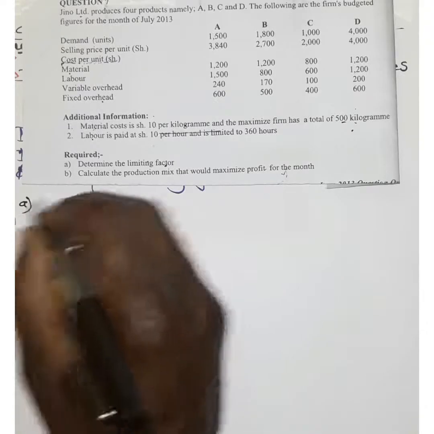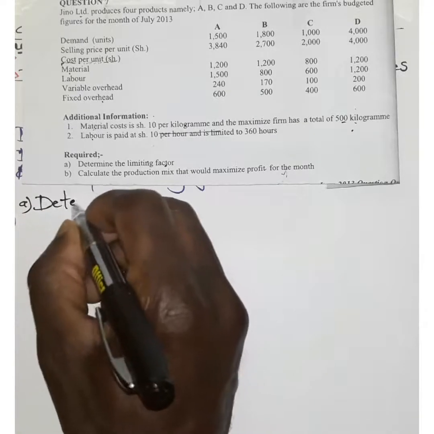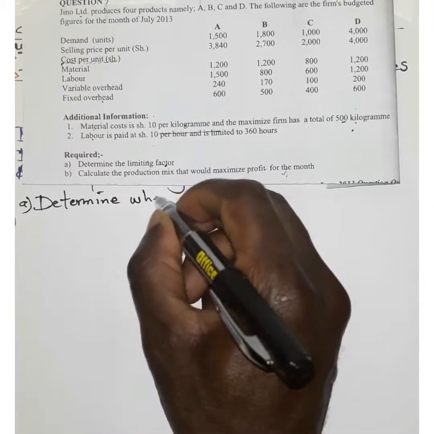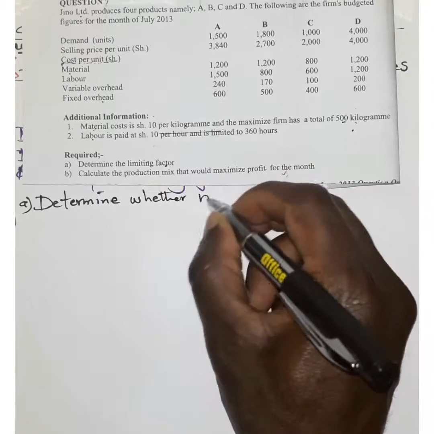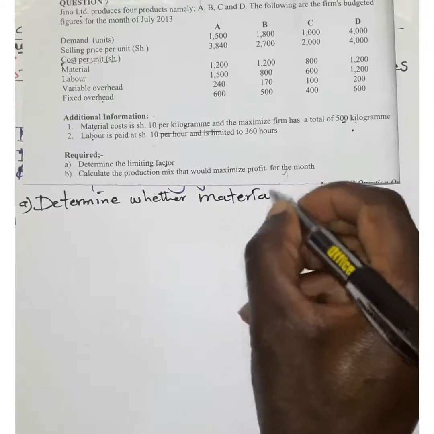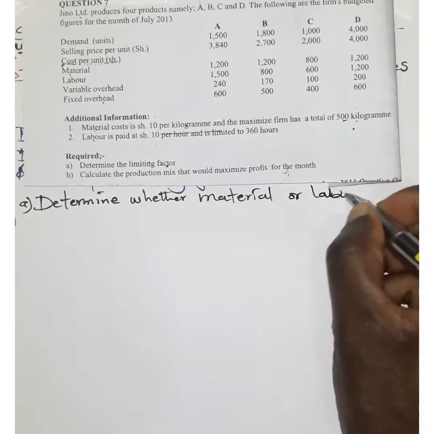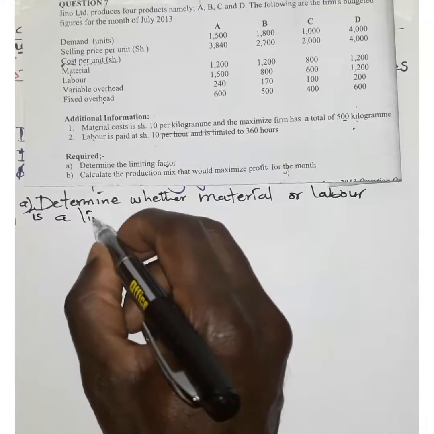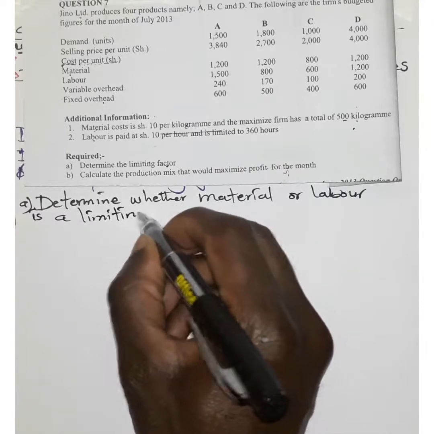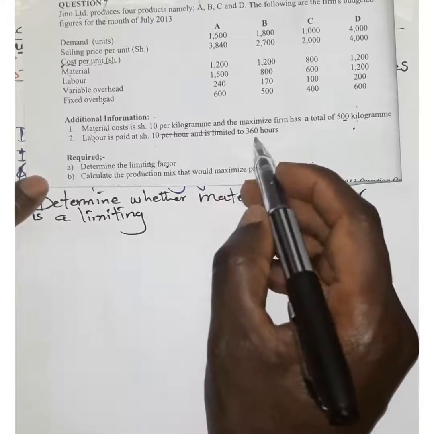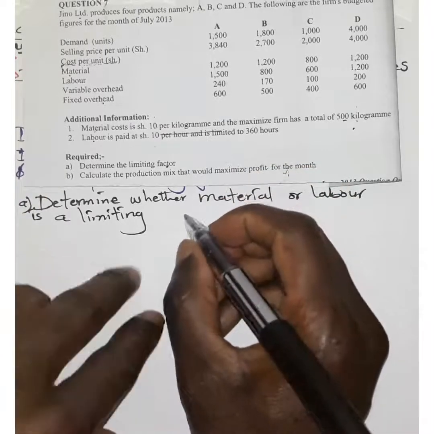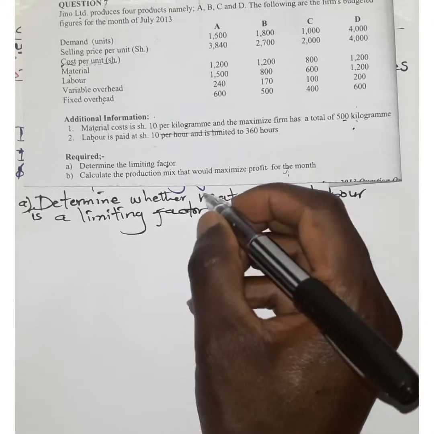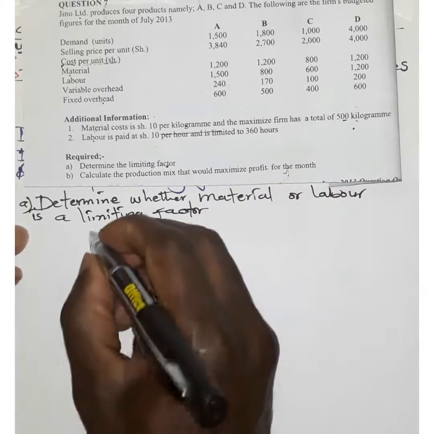With part A, we're supposed to determine whether material or labor is a limiting factor, because the availability of hours that should not be exceeded is a limiting factor. Then from this one you can start talking about material.